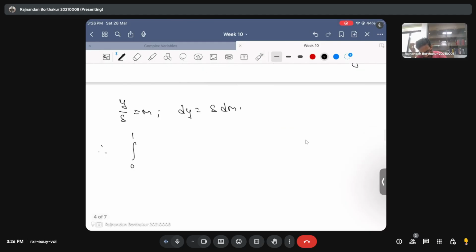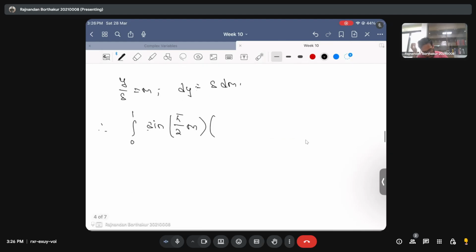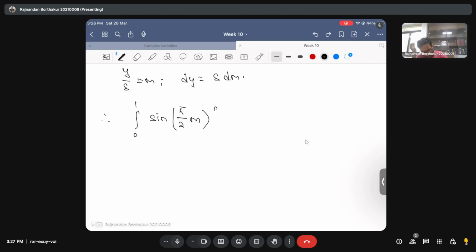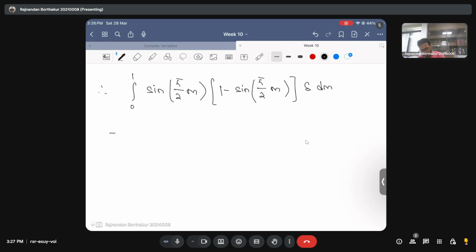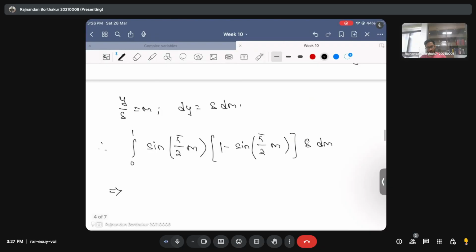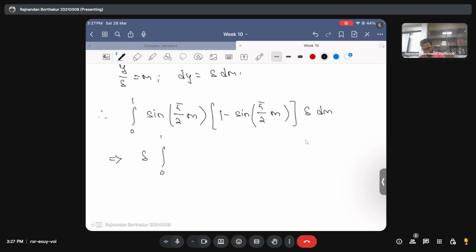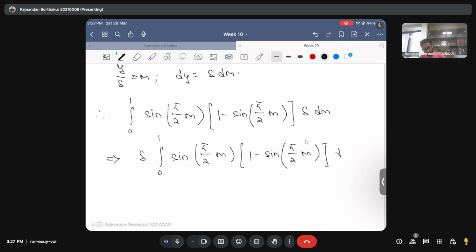So this is the integral from 0 to 1 of sine of pi by 2m times (1 minus sine of pi by 2m), and dy is equal to delta dm. Now we know that delta is just a function of x only, because this is the boundary layer thickness, so it will come outside the integral. So this is delta times the integral from 0 to 1 of sine of pi by 2m times (1 minus sine of pi by 2m) dm.